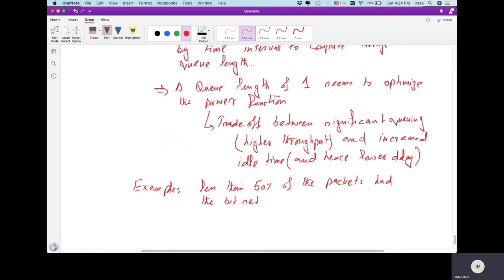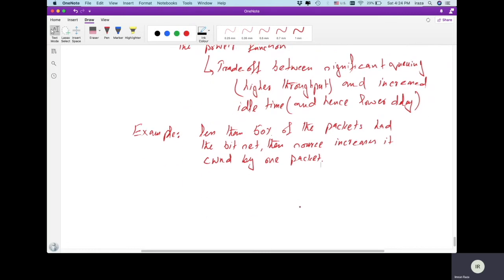So what does this mean? This means the source increases its congestion window by 1 packet. So in a scenario where less than 50% of the packets had this bit set, the source will increase its congestion window by 1 packet.